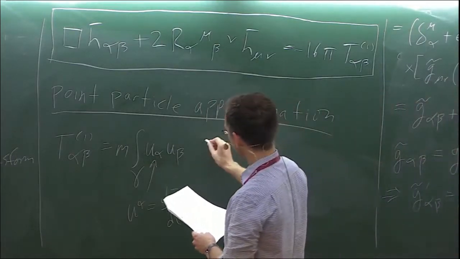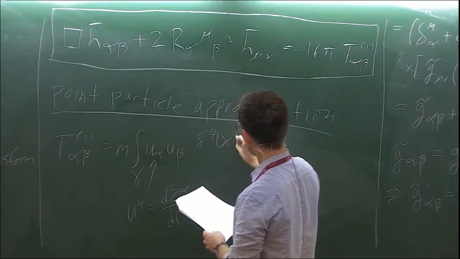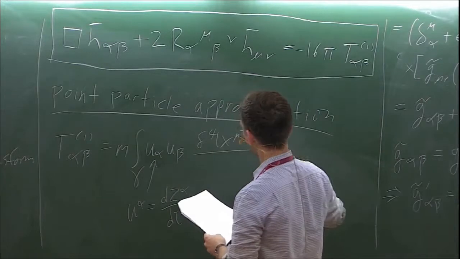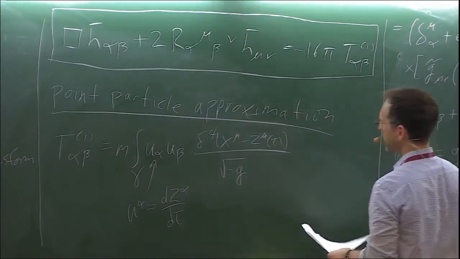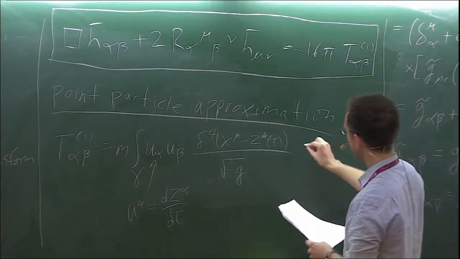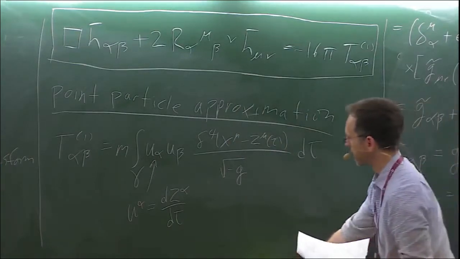And this gets multiplied by a four-dimensional delta function. And on the bottom, we have the square root of minus the determinant of the background metric. It's an integral over proper time.